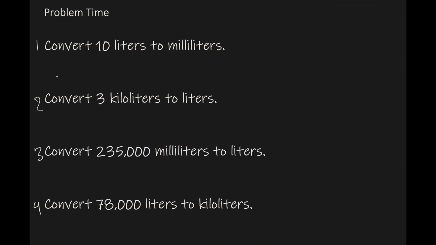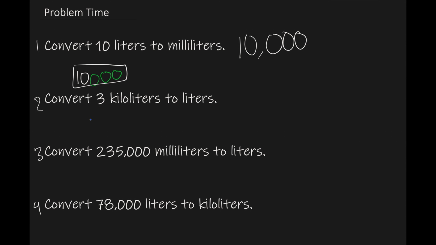Okay, so I'm going to solve the first one in white. Convert 10 liters to milliliters. This is larger to smaller. So the trick here is 10, then we add 3 more zeros. 1, 2, 3. So our answer here is 10,000. Convert 3 kiloliters to liters.